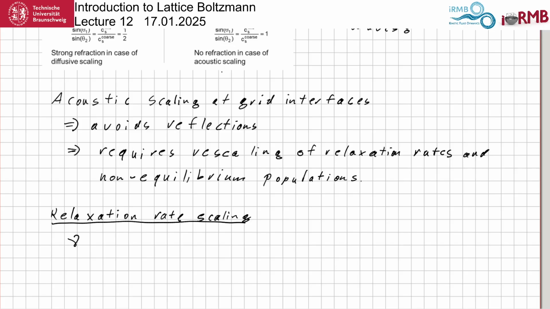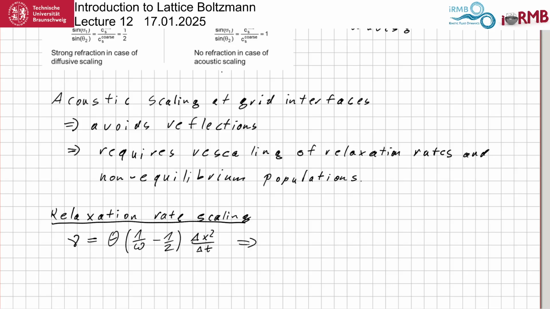Viscosity here is given as nu, the kinematic viscosity, and it equals theta, which is the square of the speed of sound without units here, times 1 over omega, so this is the omega of the BGK, minus 1/2, times delta x squared by delta t. So if you want to pass the exam, you know this equation, right?